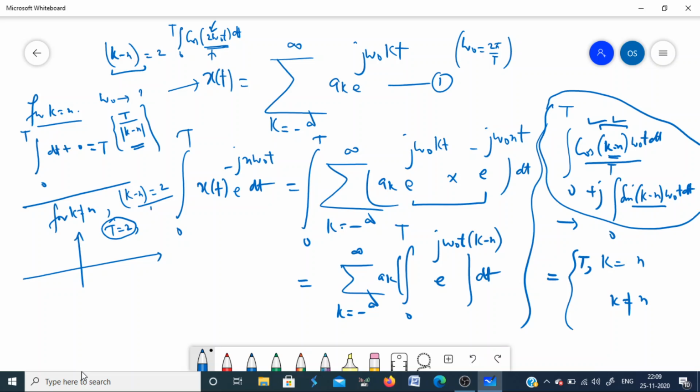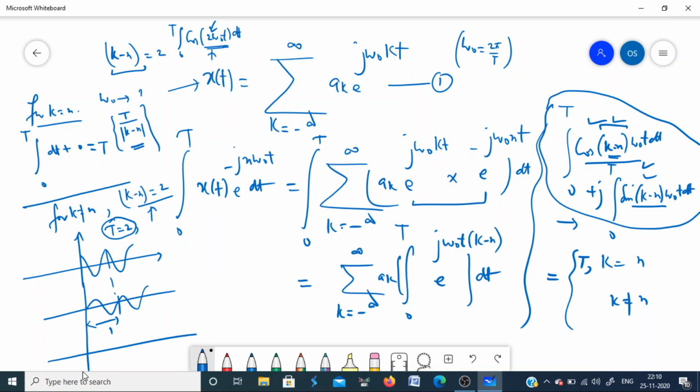It means the cosine and the sine functions in these equations will have a time period of 1 second. So you'll get one cos function and one sine function with a time period of 1 second, whereas the time period of the original signal x(t) was 2.